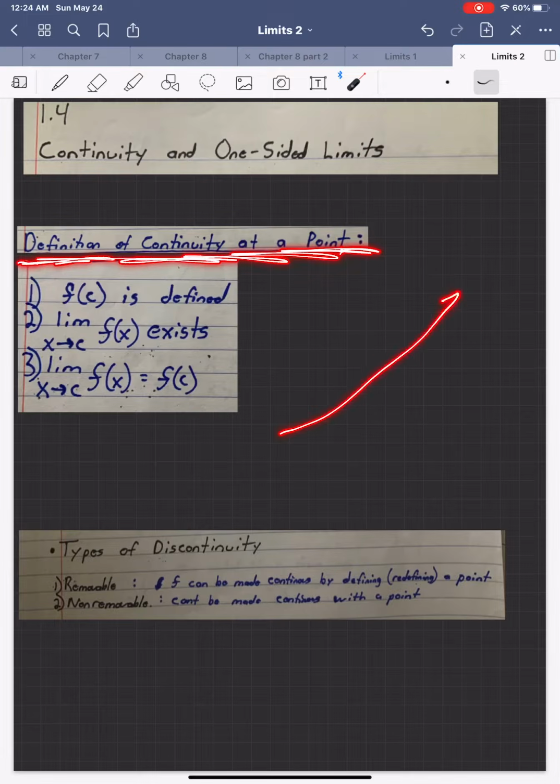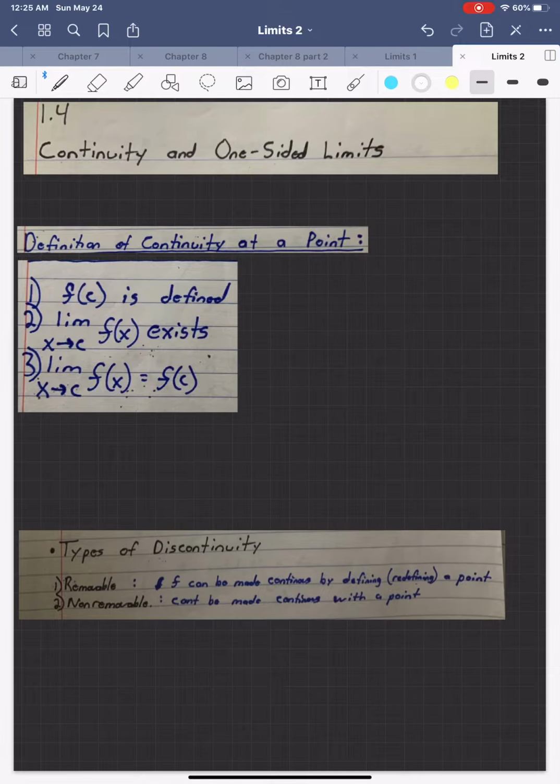So here's some graph, and we're just focused on some single point. To say that a graph is continuous at a single point, let me just make up a random curve here.